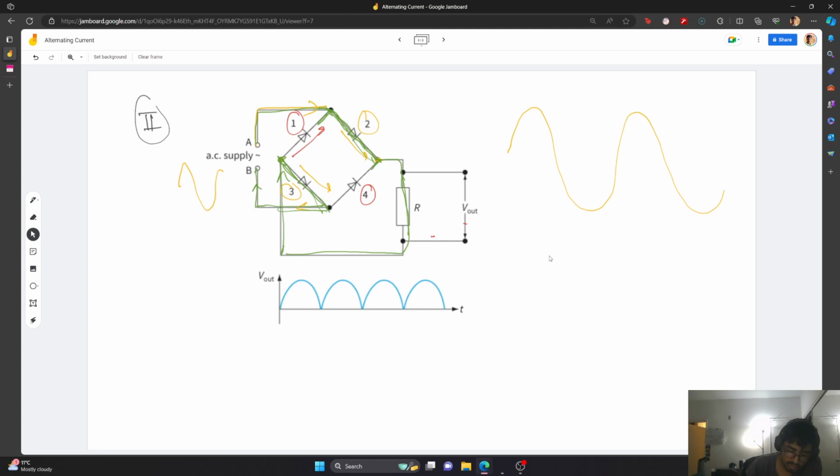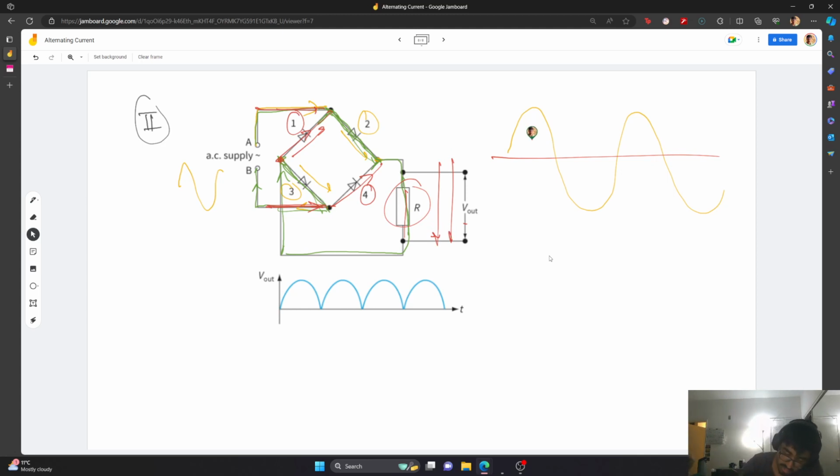In the other scenario, instead of coming from the 1 side, it comes from the 3 side, then it goes to 4, then the resistor, then it comes to this point, then 1 and then home. So there are two paths, but notice that current always flows down through the resistor, right? Current never switches direction in the resistor itself.